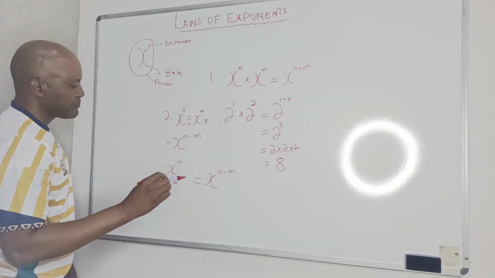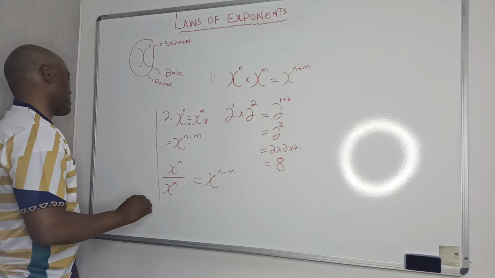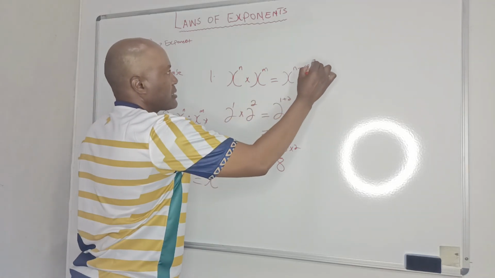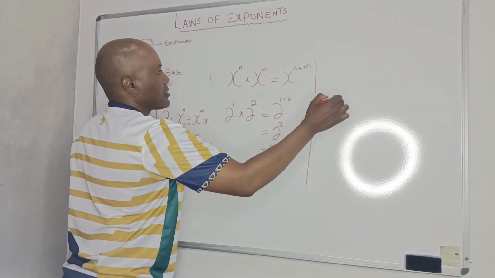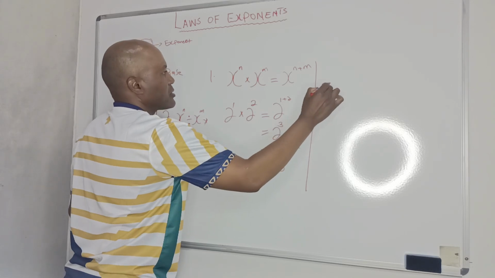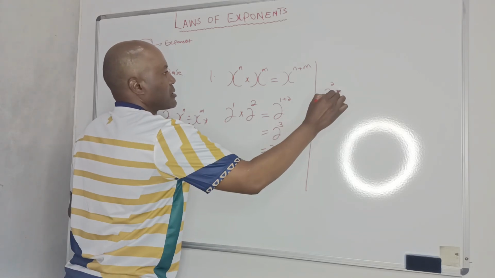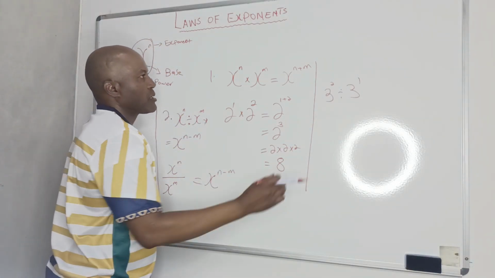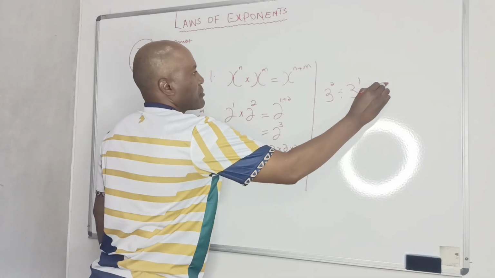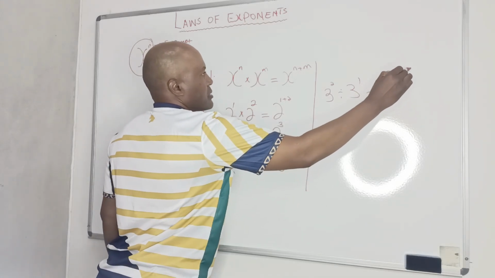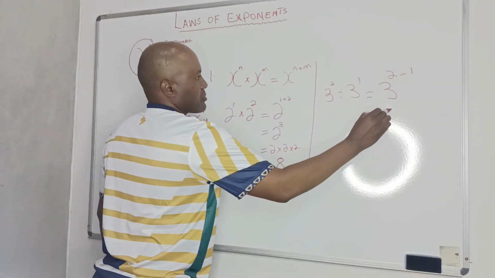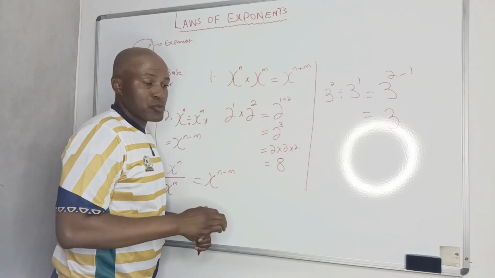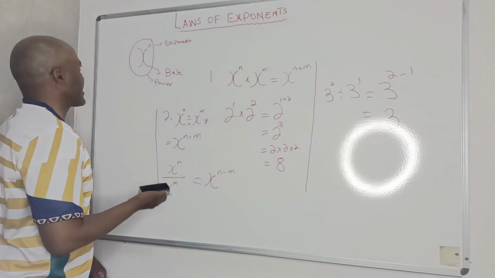For example, if you have got 3 raised to 2 divided by 3 raised to 1, you are going to take one base and subtract the exponents, then your answer will be 3 raised to 1. Right, let's go to law number 3.